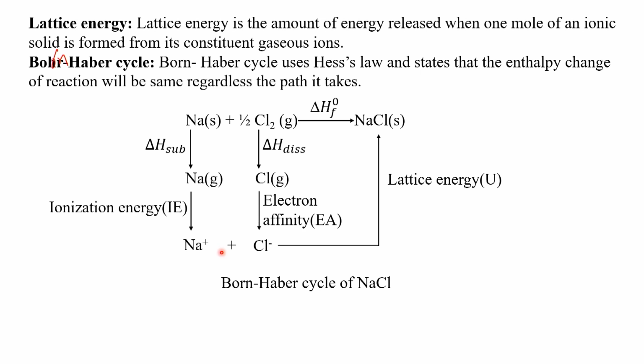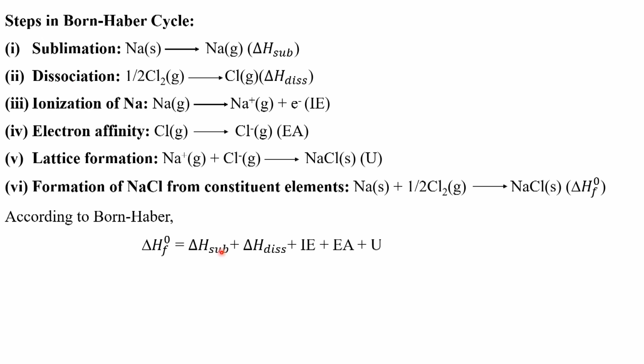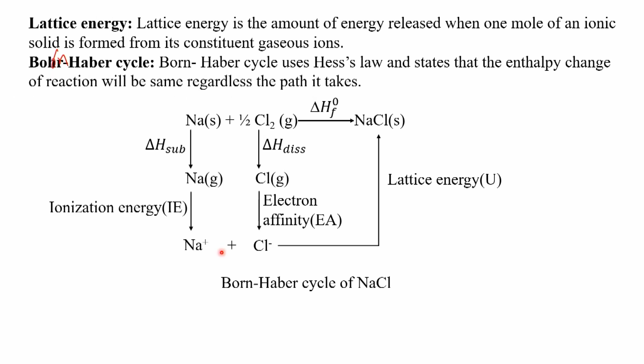Now for chlorine. First, chlorine is present as a diatomic species, so atomicity is 2. From Cl2 we have to get Cl minus, so we start with half Cl2, and then we have to dissociate it.